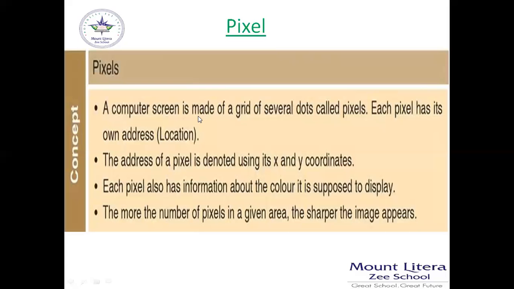Nowadays we hear that mobiles have 4 megapixels, 5 megapixels. It shows the quality: whatever picture you click through the mobile, the quality of the picture will increase as its pixels increase.